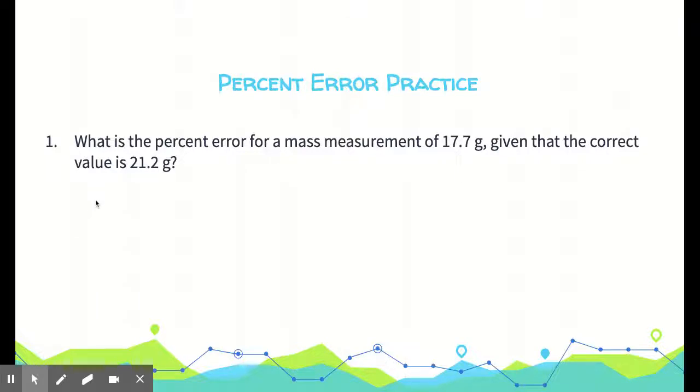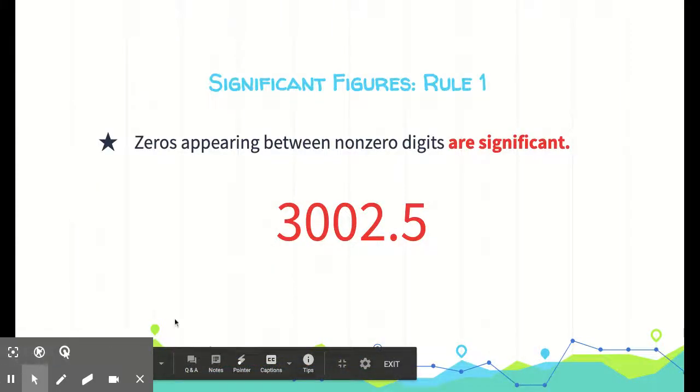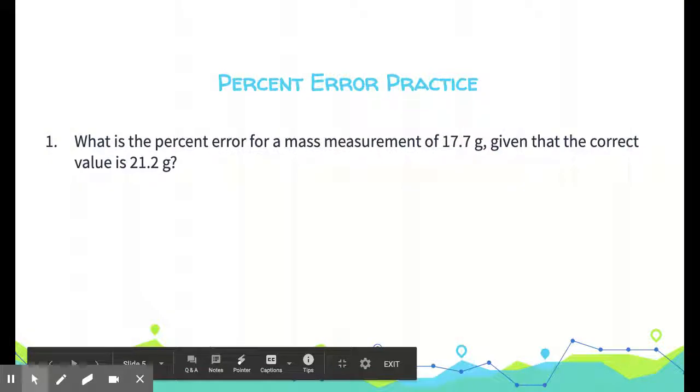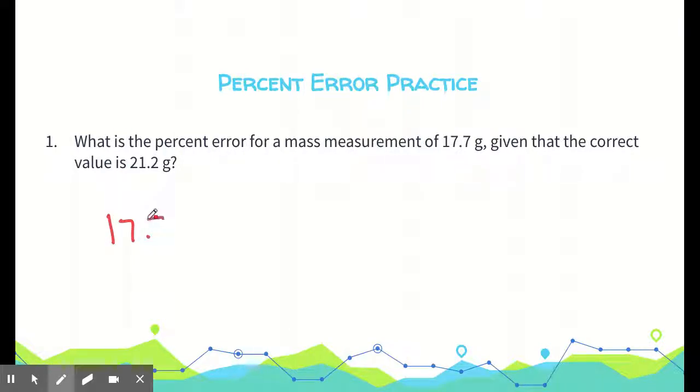So what is the percent error for a mass measurement of 17.7 grams given the correct value is 21.2? So you measured, oh geez, sorry. We'll go back here. Let me turn on my pen. That's important. Okay, so you measured 17.7 and the known value was 21.2, right?